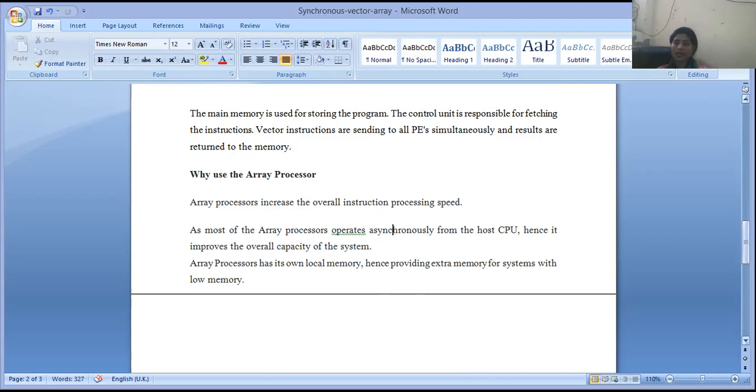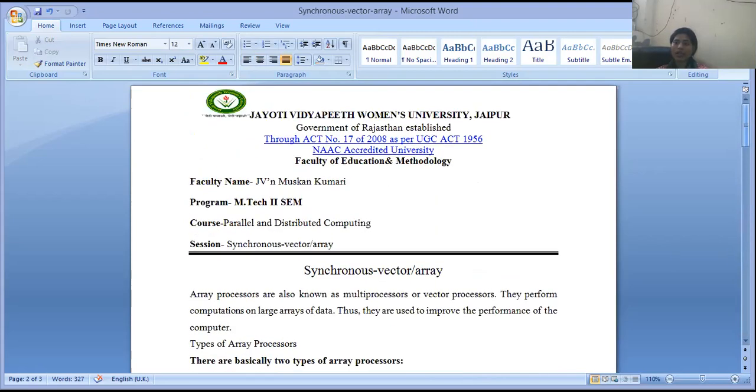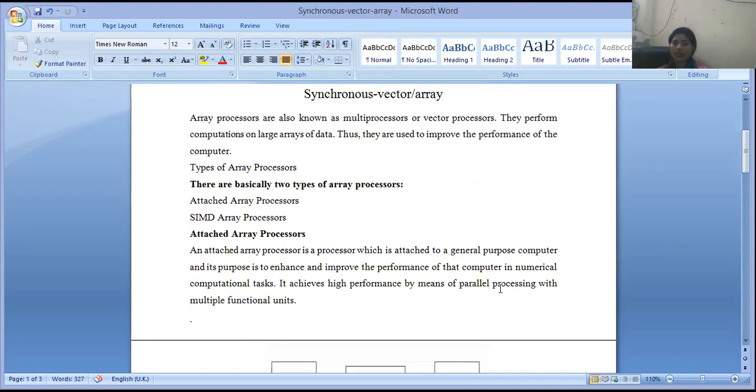So this is all about array and vector processing in asynchronous types of systems and distributed computing. Here I have told you about the array of parallel processors and also the two basic types of array processors.